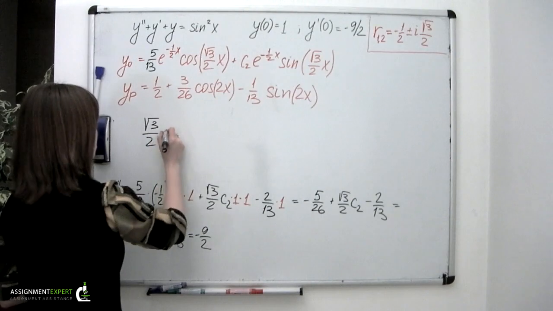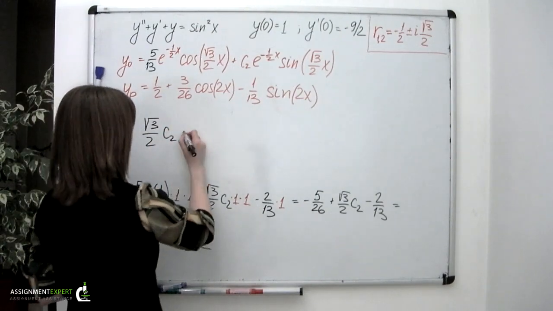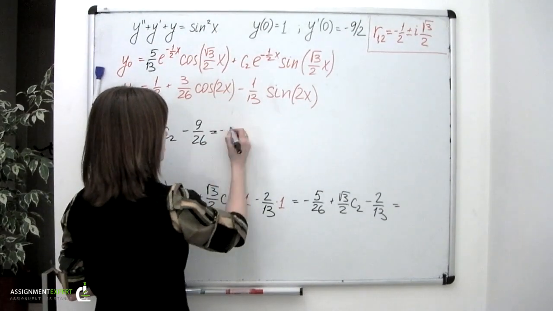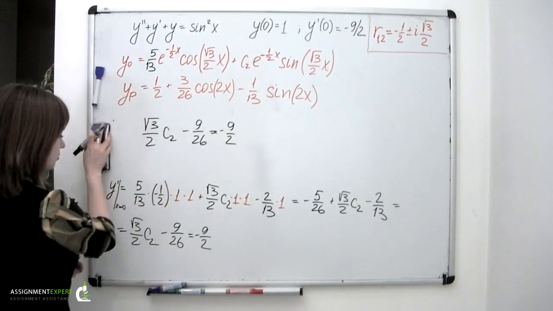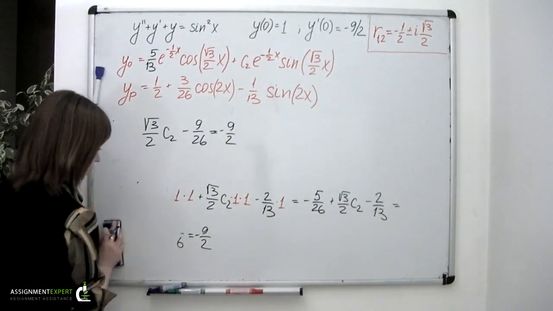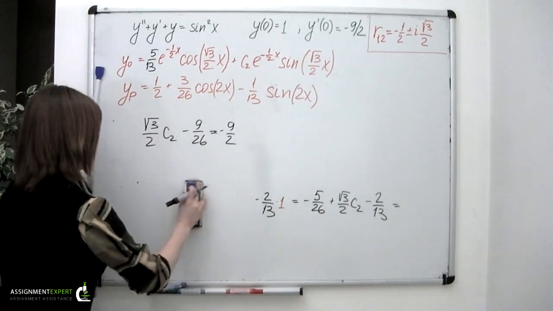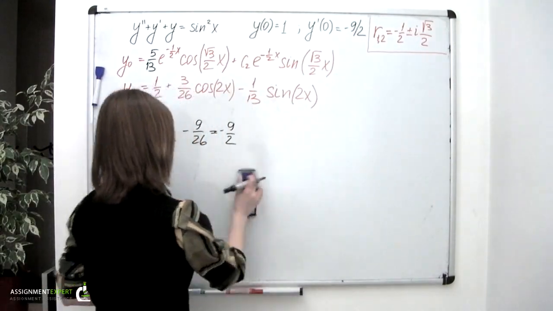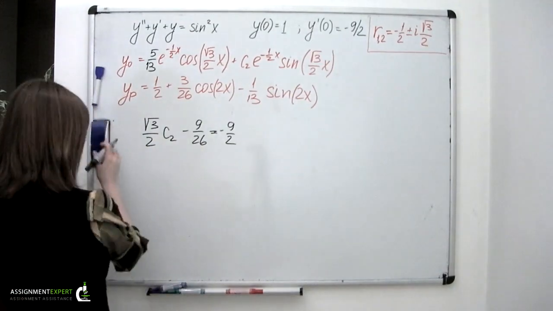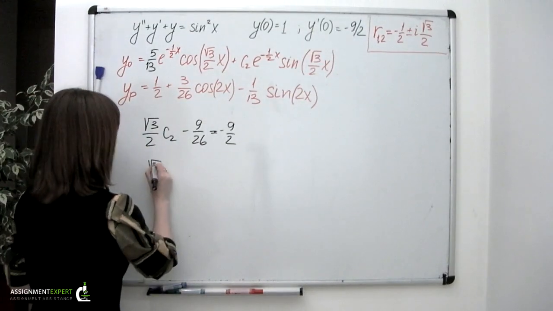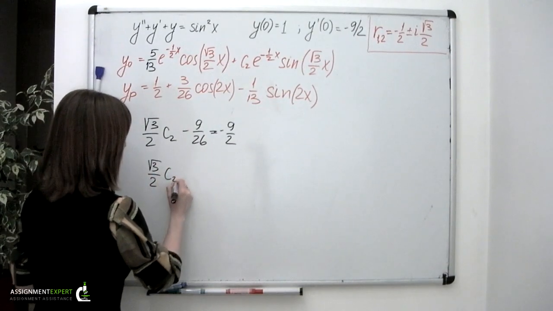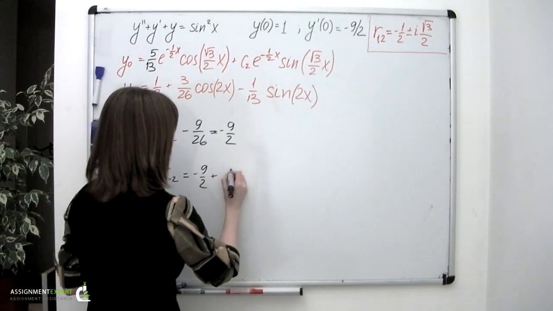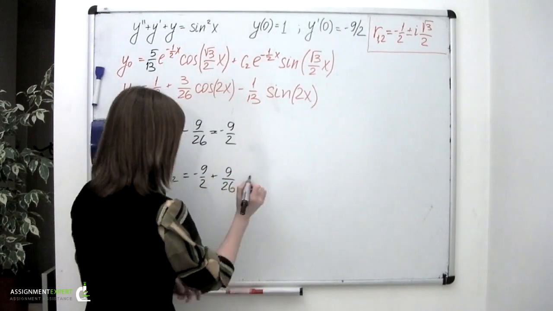Square root of 3 over 2 times C2 constant minus 9 over 26 equals negative 9 over 2. So we have square root of 3 over 2 times C2 equals negative 9 over 2 plus 9 over 26.